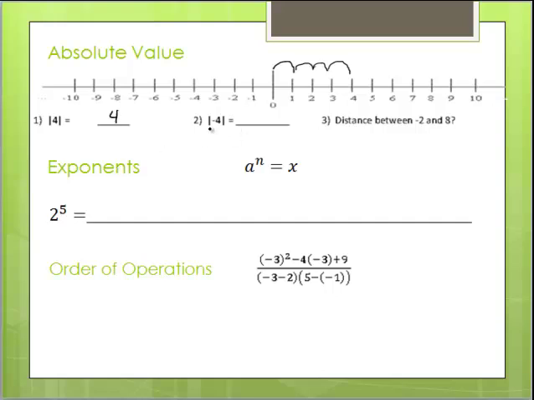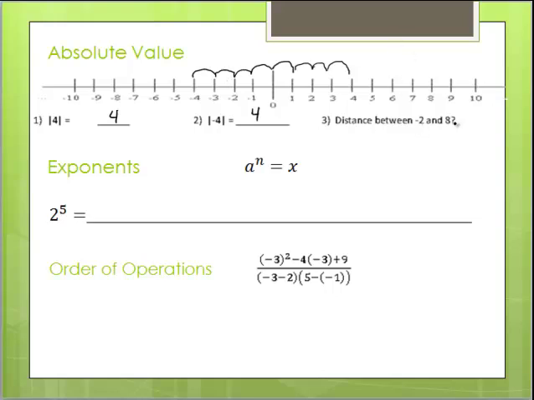Well, what if I ask you, how far is negative 4 from 0? Well, negative 4 is also 1, 2, 3, 4 units from 0. So the shortcut has always been whatever is inside the absolute value, you make it positive. But the real definition is the distance of a number from 0.